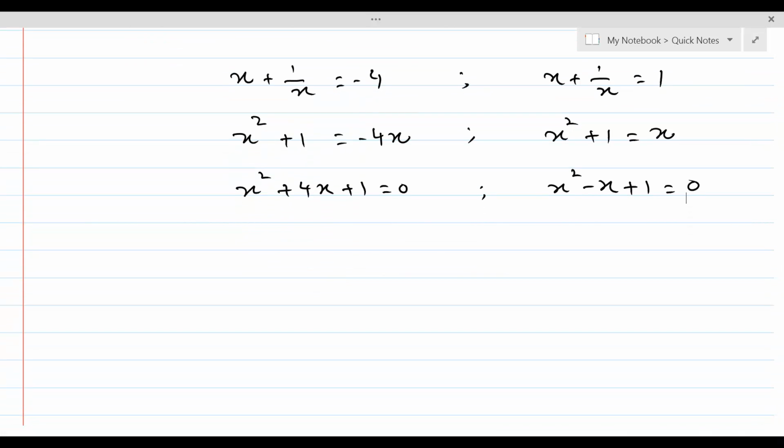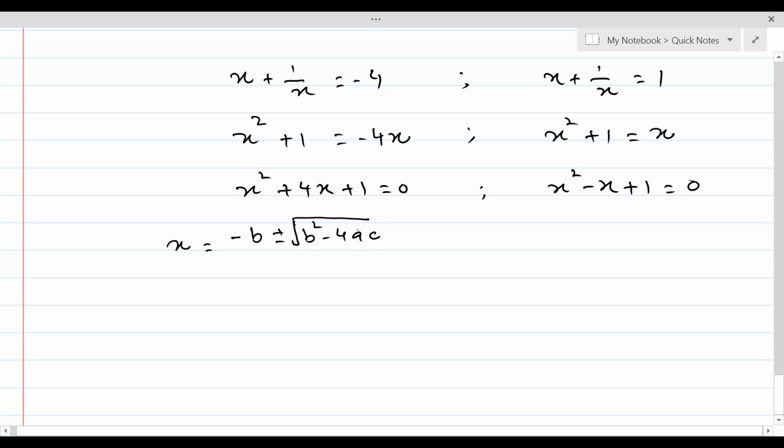Now we are going to apply the quadratic formula on both sides. So this would be x equal to minus b plus minus root of b squared minus 4ac, divided by 2a.